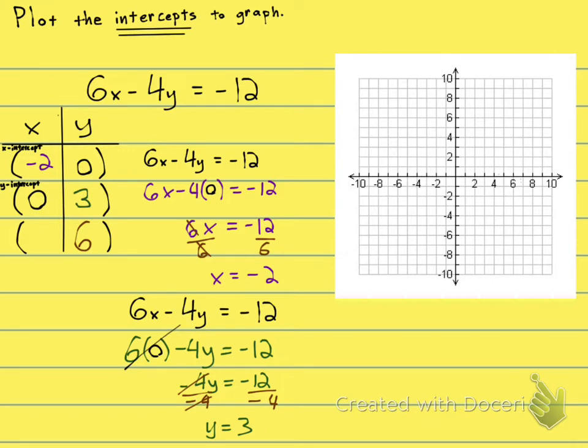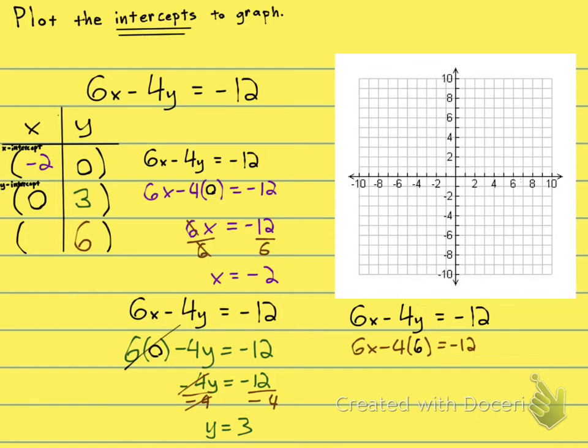Now I could graph it right now, but if I really want to be sure, I'm going to pick this third point so I'll make sure that I'm correct. Write down the original equation again. I can pick any point that I want now. I decided to pick a 6 for y. So 6x minus 4 times y equals negative 12. And if this doesn't work out, you don't throw away the 6, you pick another number you could try.